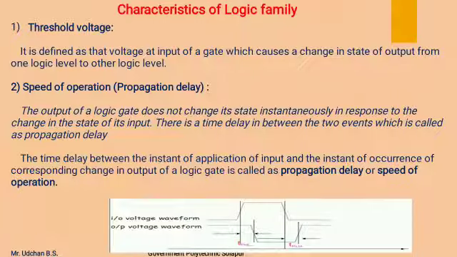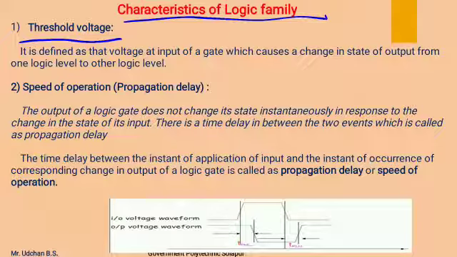Now we will see the characteristics of logic families. That is, we are going to see about 9 definitions regarding the characteristics of logic families. The first one is the threshold voltage.